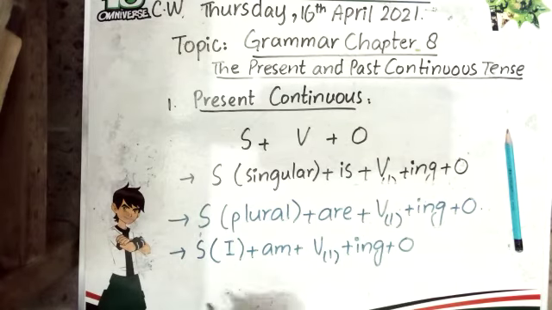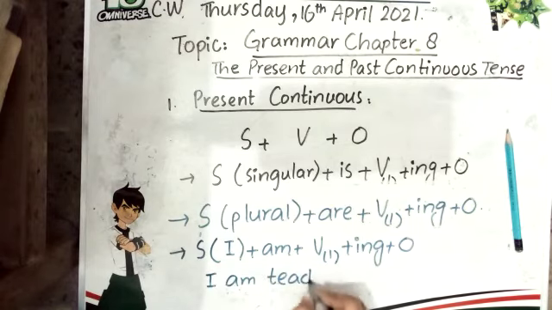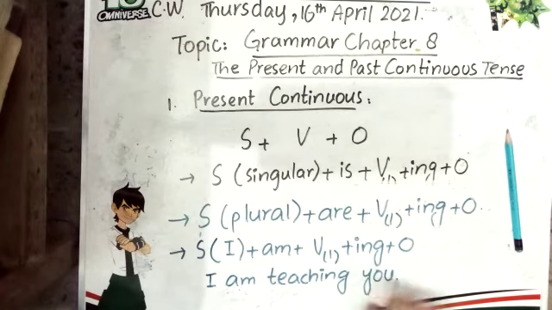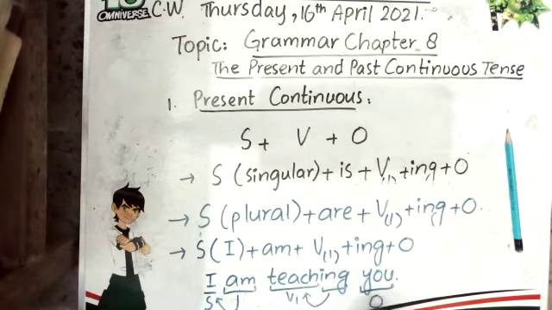For example, if I say I am teaching you. Now I here is a subject and am is the helping verb which only comes with I. And then you have teach verb first form, then ing with it to show the continuity of the tense, and you is an object. So I am teaching you.